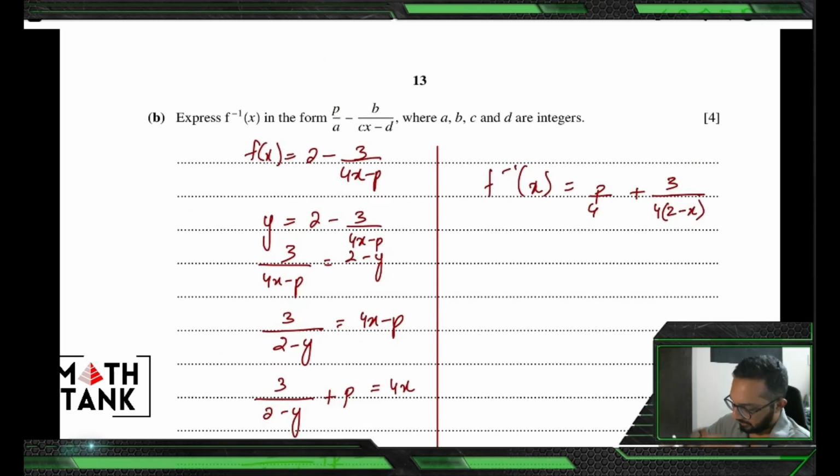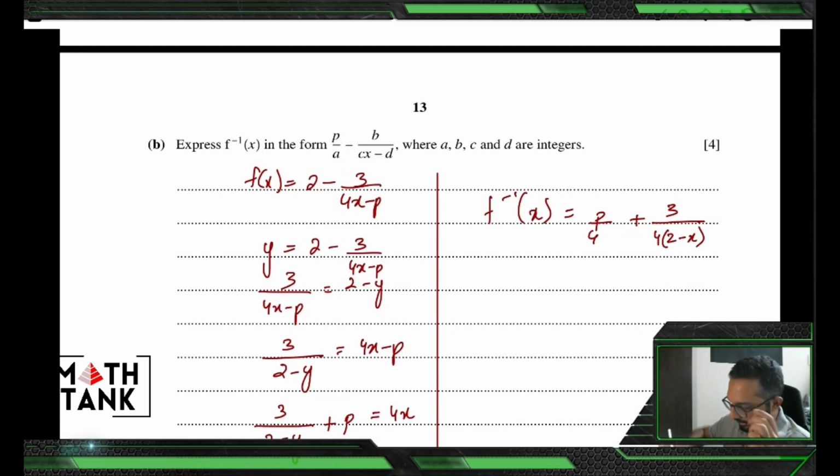But I see a certain difference here. There's a negative outside, so I'm going to pull a negative out common. So this becomes p over 4, and I'll also invert the signs and multiply it. So this would have become 8 minus 4x. Instead, I will write 4x minus 8. So basically A is 4, B is 3, C is 4, and D is 8.